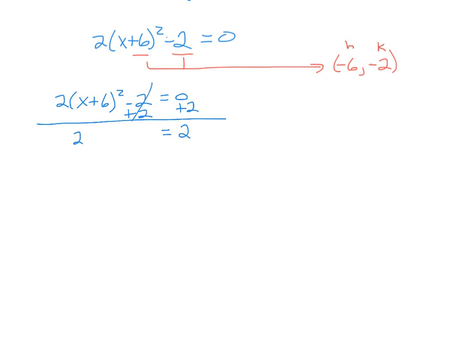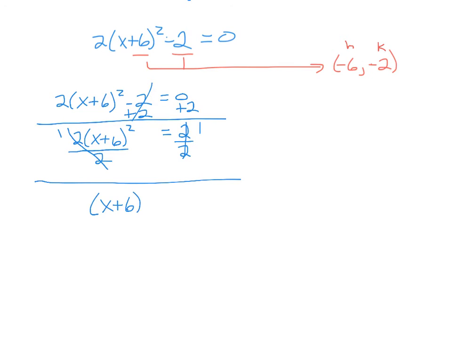And over here, I'm left with 2 times (x plus 6) squared. Now, I need to have the (x plus 6) squared by itself, so I'm going to divide by 2, and as long as I do it on both sides, I'm good. 2 divided by 2 gives me 1, and 2 divided by 2 gives me 1. And so now I'm left with (x plus 6) squared equals 1.